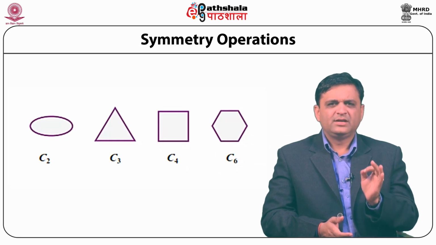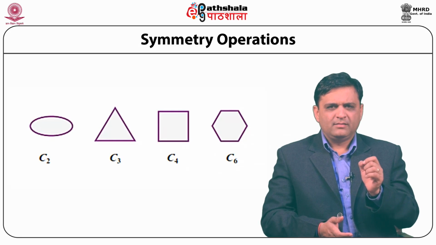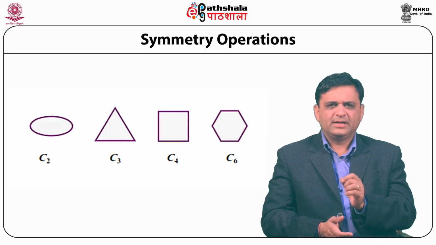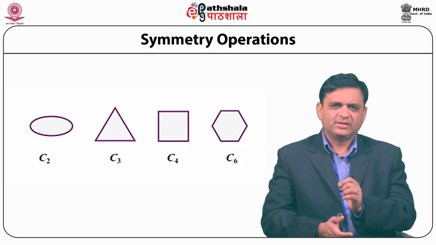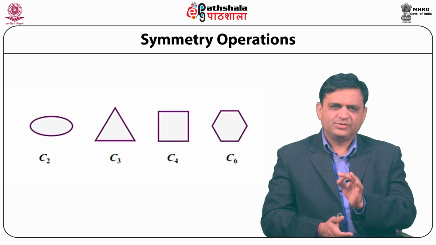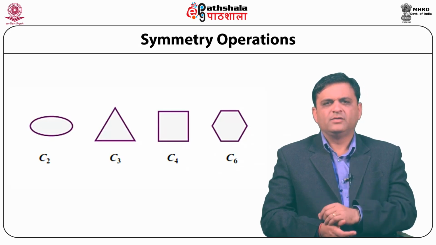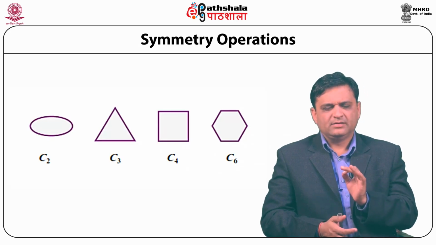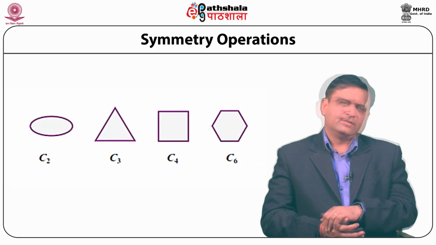If you translate from one lattice point to another lattice point by a given translation vector, it changes nothing from the point of view of the structure or symmetry around that point. Similarly with the idea of rotations and reflections.